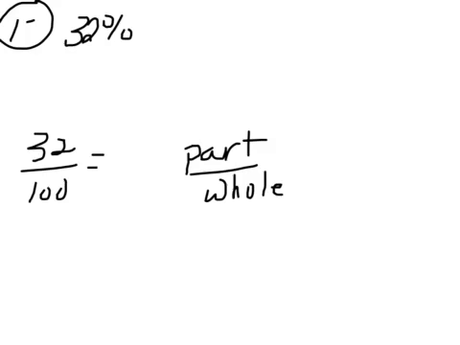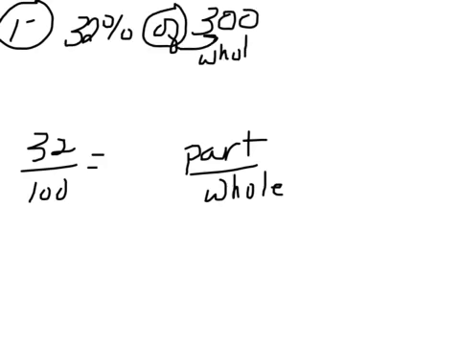That's how I'm going to build a proportion out of this. 32% of 300. Oh, the word of tells me that this is going to be my whole right here. So if I need to know how to arrange my other fraction, that 300 is going on the bottom because it's part over whole, and 300 is the whole. The word of is a key word that gives that away.